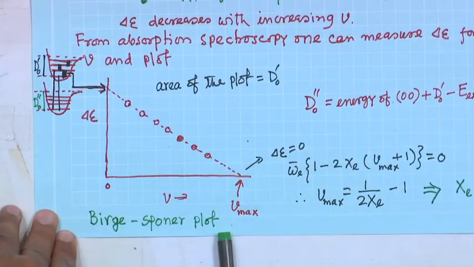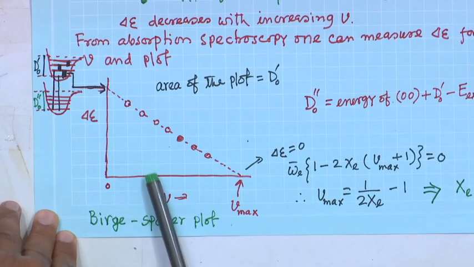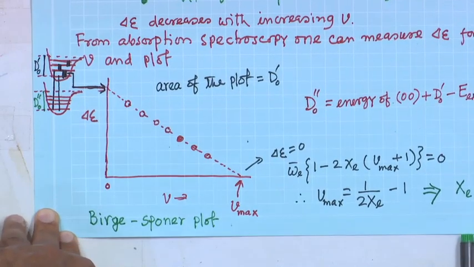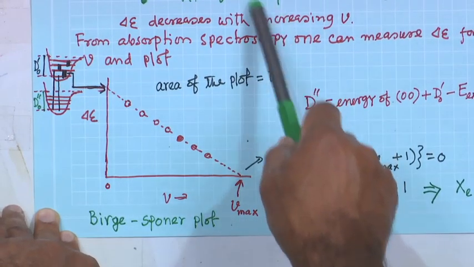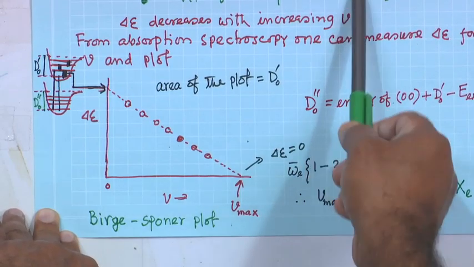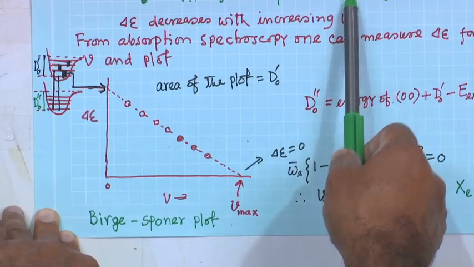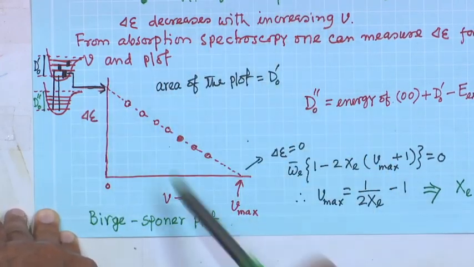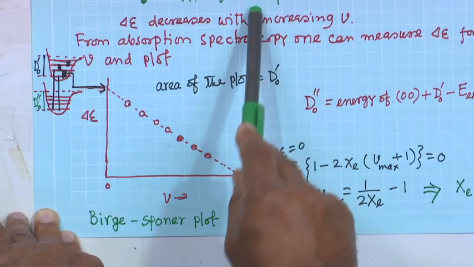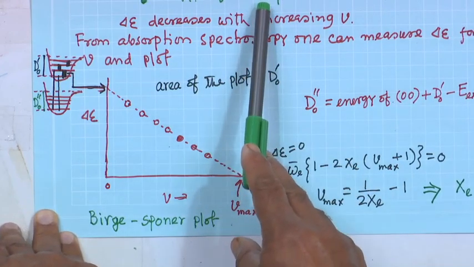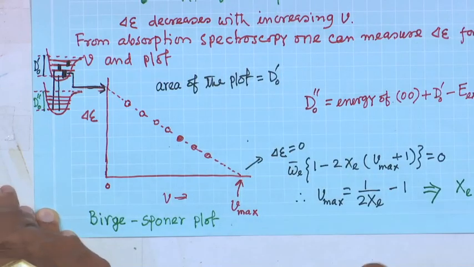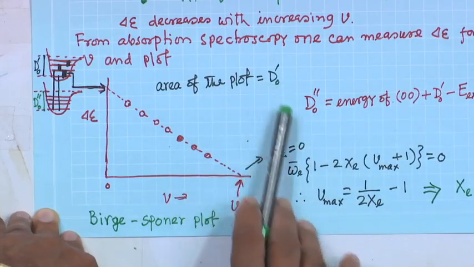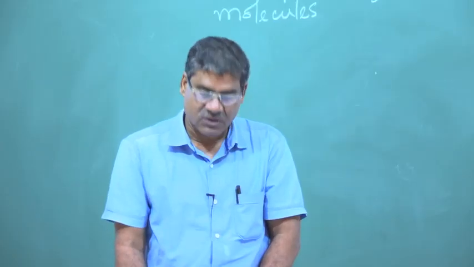This very famous plot gives the anharmonic constant. One can also find omega E, because you are measuring the wave numbers of the spectral lines, and the fundamental frequency, as well as the dissociation energy. Okay, I think I will stop here.